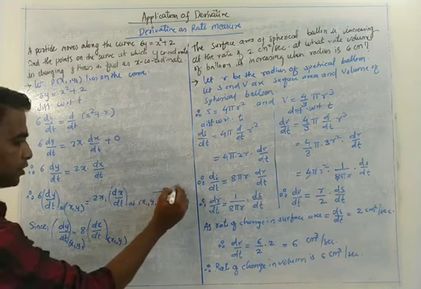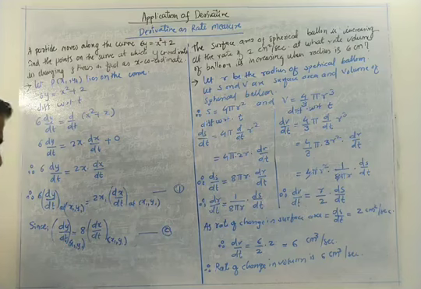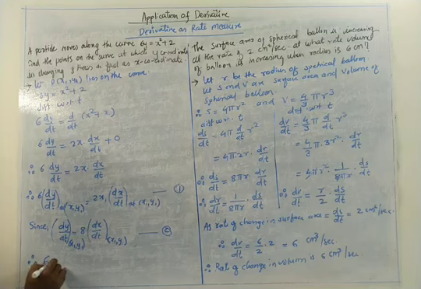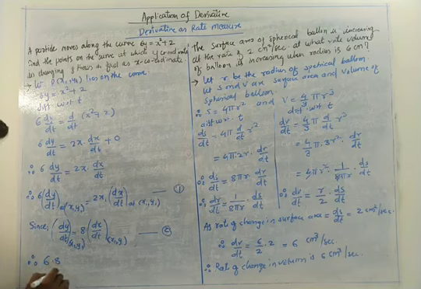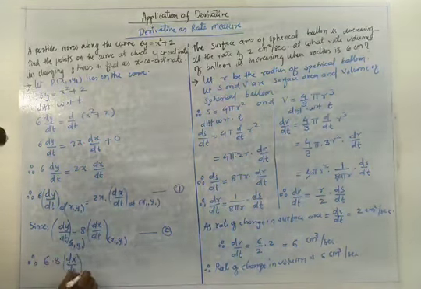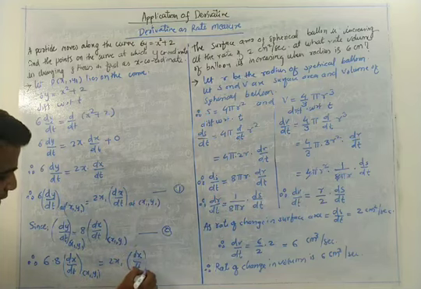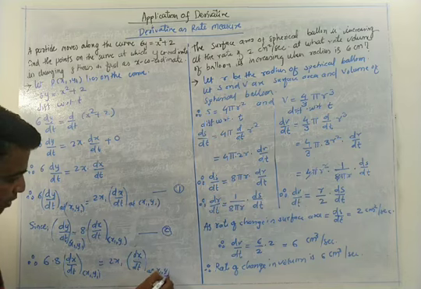So now we call these equations 1 and 2, and we will substitute equation 2 in equation 1. So we will get 6 into 8 dx by dt at (x1, y1) is equal to 2x1 dx by dt at (x1, y1).